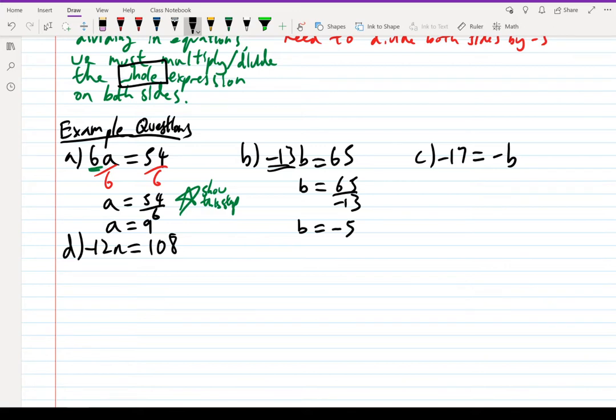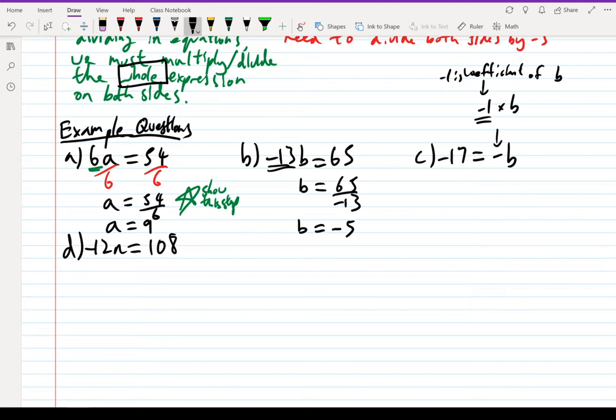Now, for C, we want to isolate b. We want to isolate the variable. But b is already on its own. In fact, it's not actually on its own. You see this negative? That is the same as -1 times b. That is the coefficient. -1 is the coefficient of b in this case.